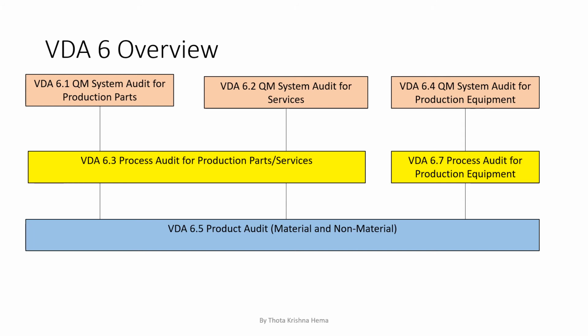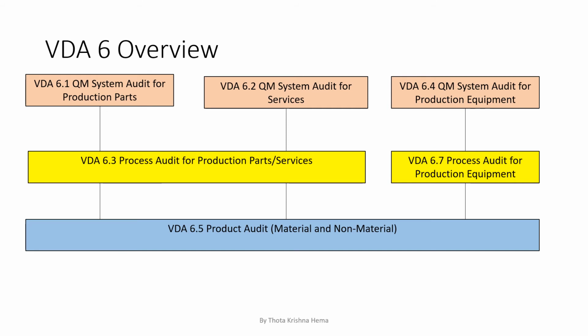VDA 6.1, 6.2, 6.4 talk about the quality management system audit only. 6.1 is about production parts. 6.2 talks about services. 6.4 talks about production equipment.